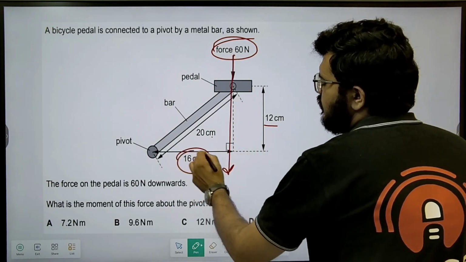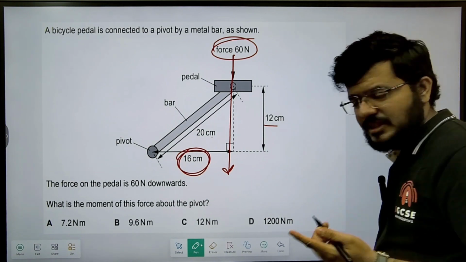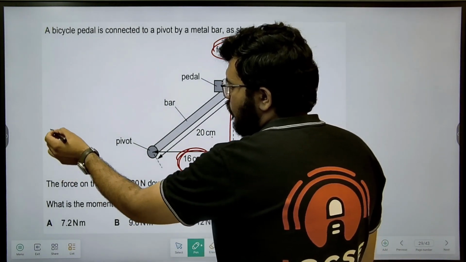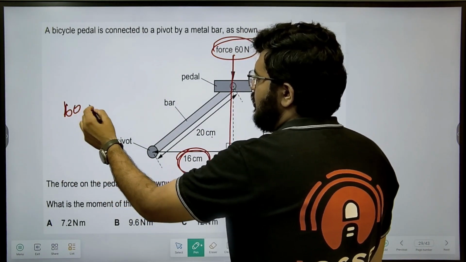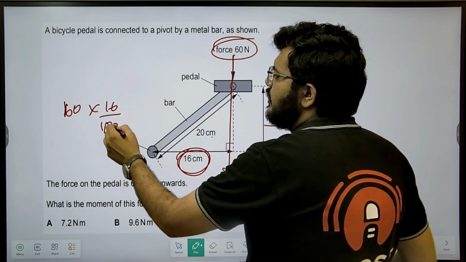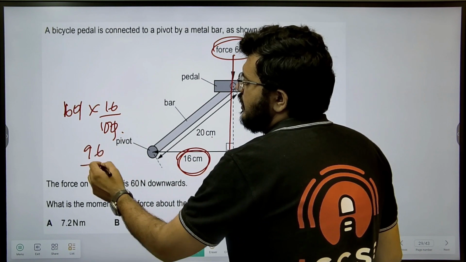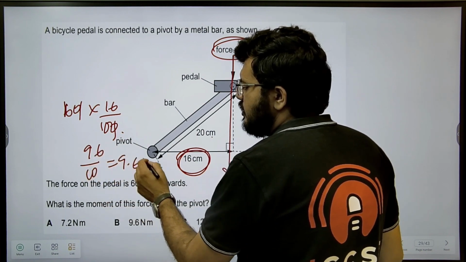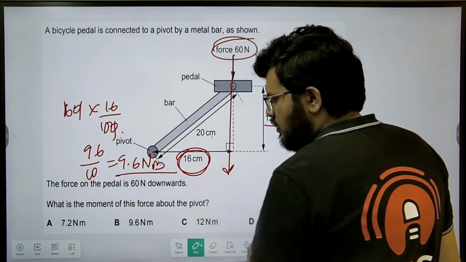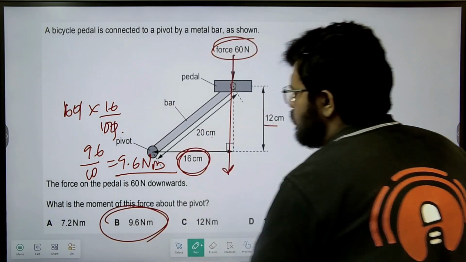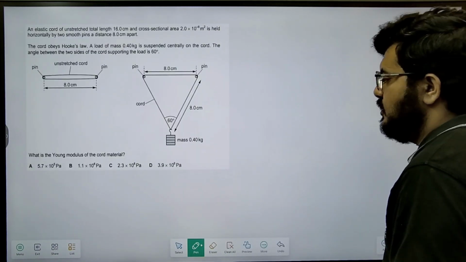So what is the perpendicular distance? 16. So my moment must be 60 into 16 upon 100. Change it to meter. The zeros cancel. 16 6s are 96 upon 10, 9.6 Newton meter. Yes, that is an option. So option B is your answer here.